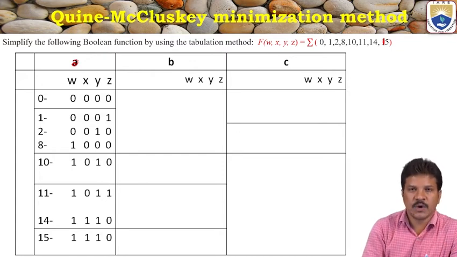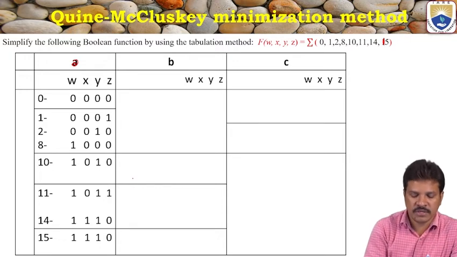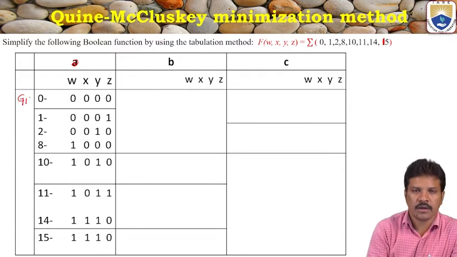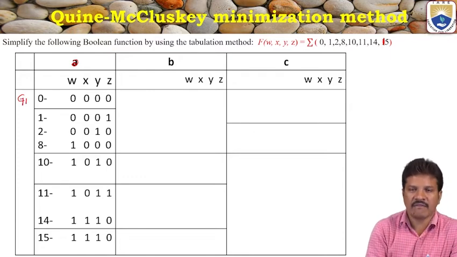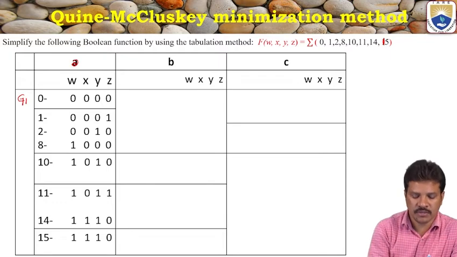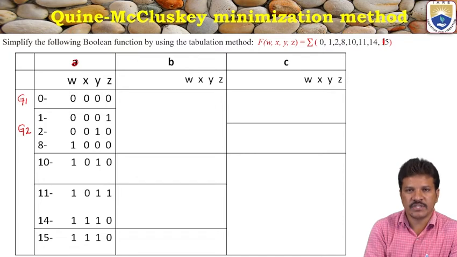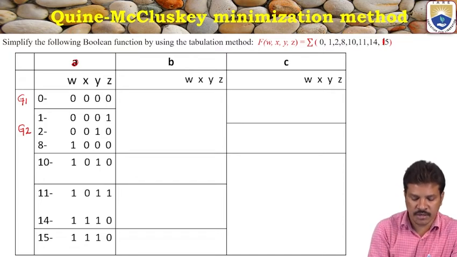Let us see 0. It contains 0 ones, so we group it as group 1. And 1, 2 and 8 have a single one in the binary representation, so we can group these 3 minterms into group 2. 10, which is 1010, has 2 ones, so we group it into group 3.